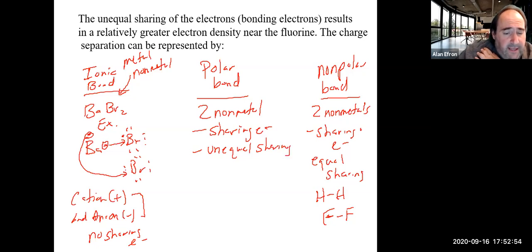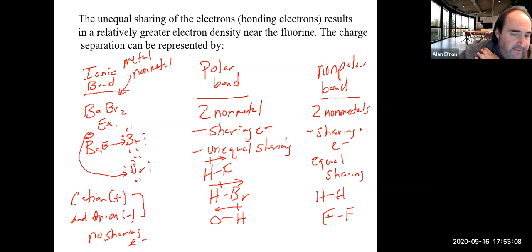And that's something like HF, where again, more electronegative on the fluorine. HBr, something like that. OH, for example, or electronegative that way. These are all examples of polar covalent bonds. Everybody here is still sharing of electrons. They're just not sharing them equally.